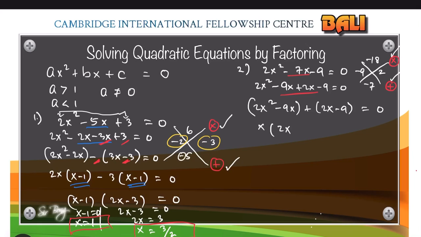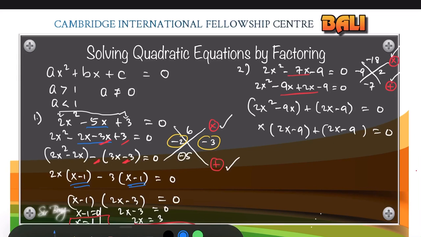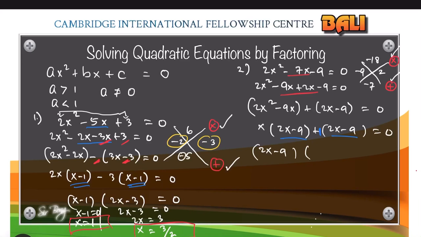So we have x times 2x minus 9 plus 2x minus 9 is equal to 0. As you can see, 2x minus 9 is common, so factor it out. So this is 2x minus 9. And this one is understood to have a 1 here. So what is left in the first expression is just x, and the second expression is 1.